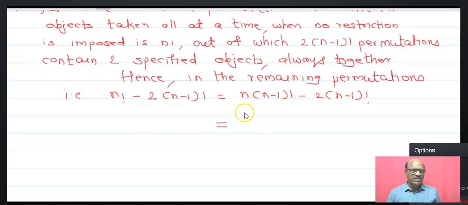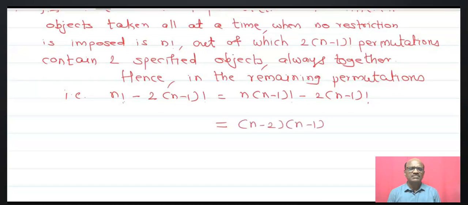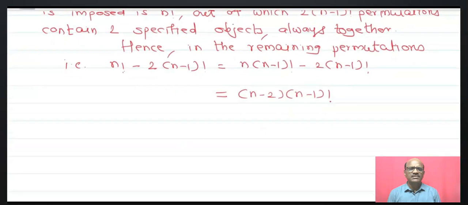Therefore, in the first bracket you will get n minus 2, and in the second bracket n minus 1 factorial. That is n minus 2 in bracket n minus 1 factorial.